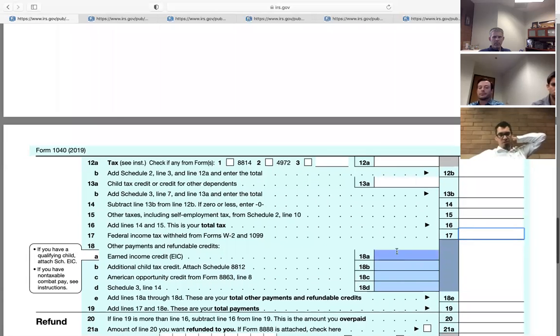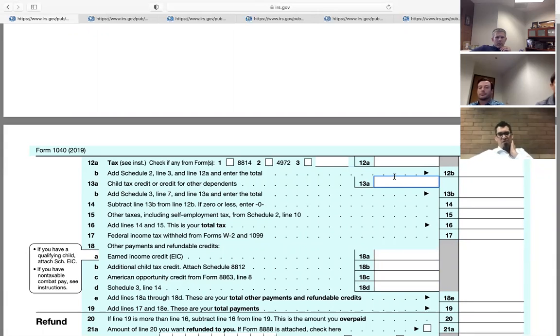Earned income tax credits are refundable credits. So these will be credits even if you don't have taxes. This could be 0 and you could have credits here. If you make too little money, they give you an earned income tax credit. If you have 2,000 here, but you don't have enough tax to use it, they'll give you additional credit here.